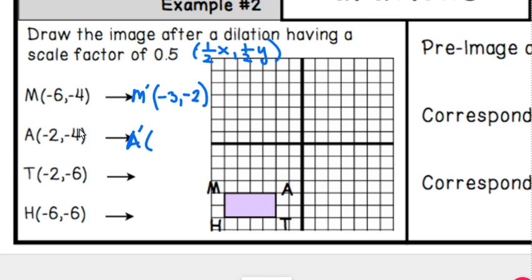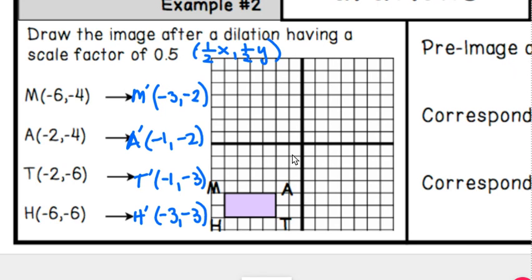A prime, cutting each of these in half, -1, -2. T prime, -1, -3. And H prime, -3, -3. Everything's times 0.5, cut in half. And then we plot our points.